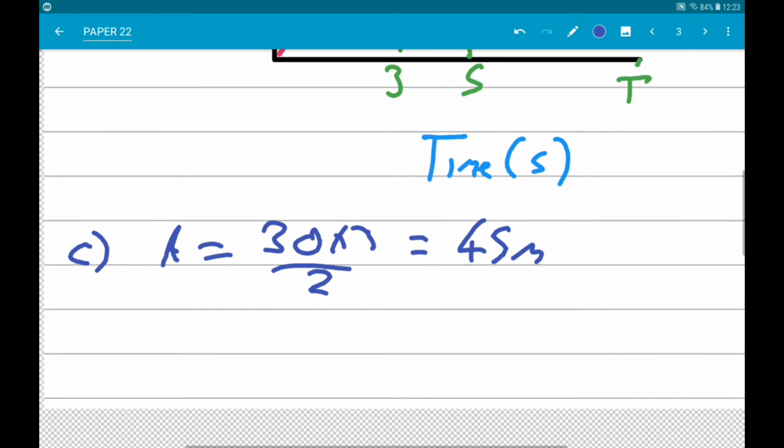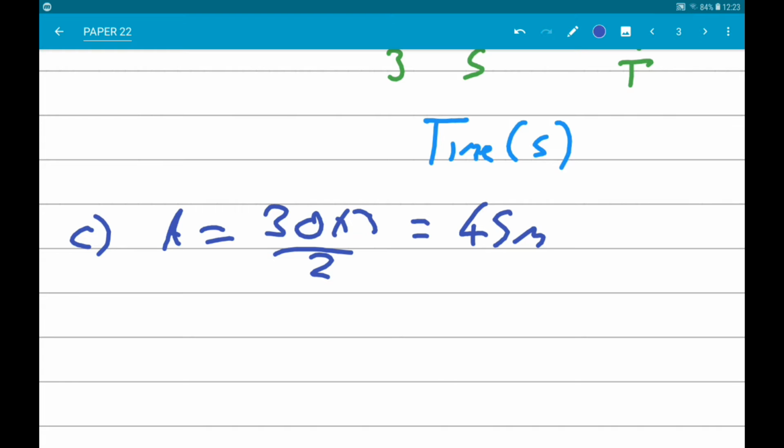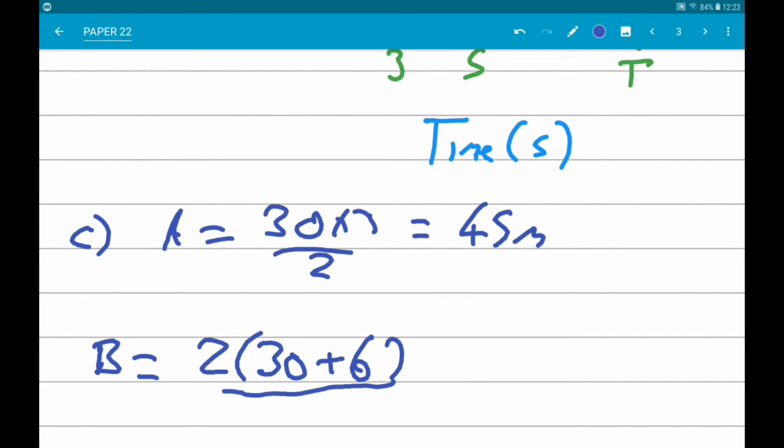So its area is 2 times 30 and 6 all over 2. So that's 36 meters.